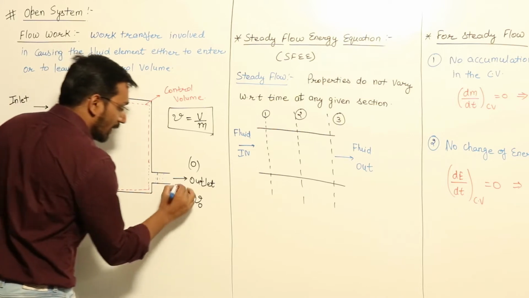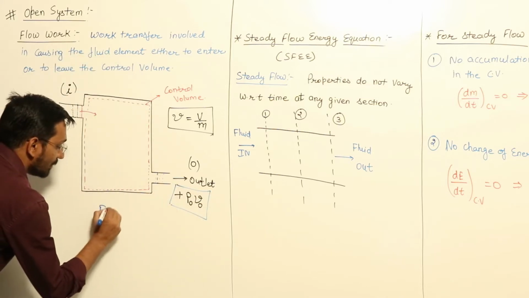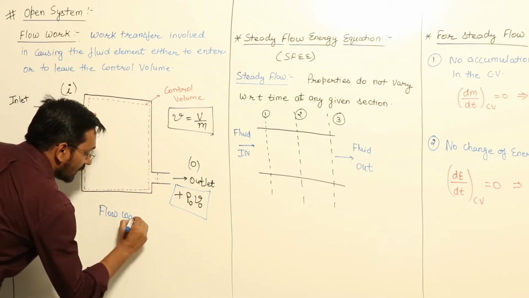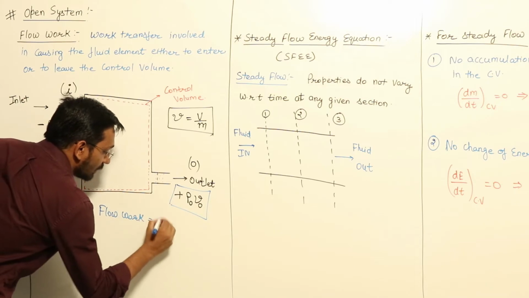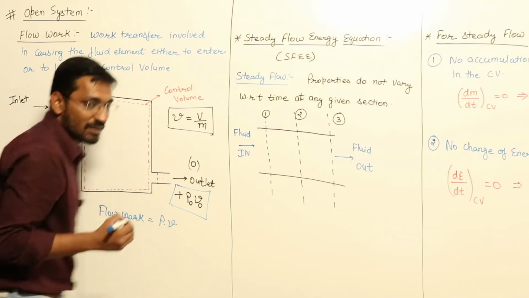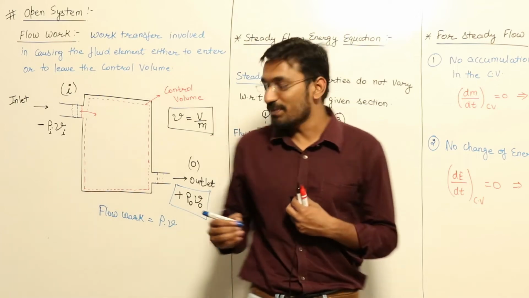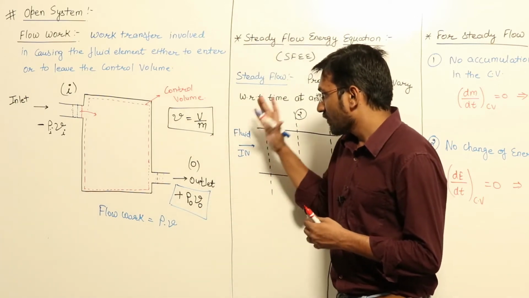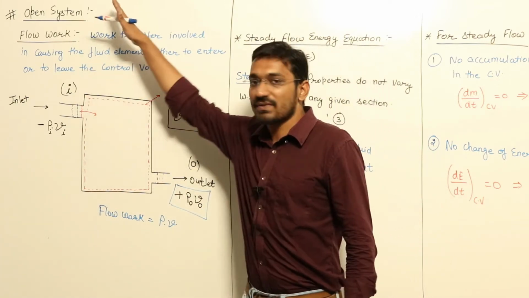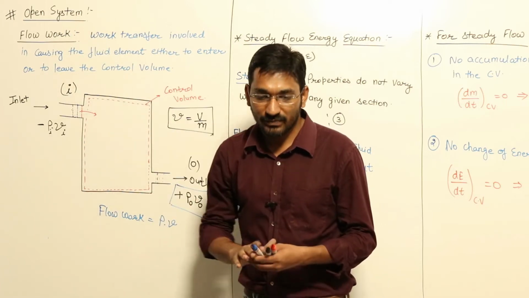So this is the flow work, and we can write that simply flow work is equal to pressure into specific volume, right? The flow work only exists in your open system, right?